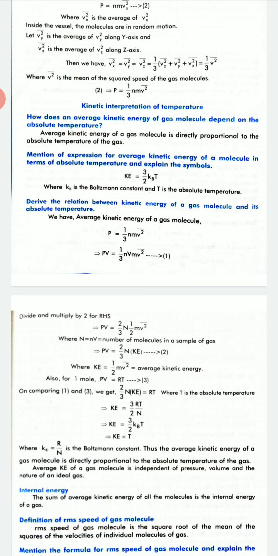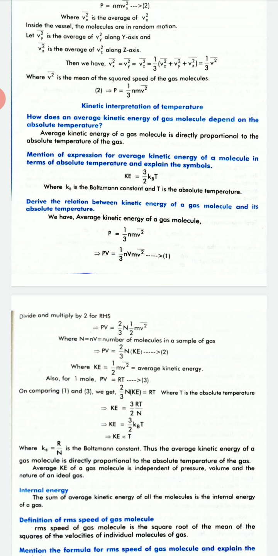We take the previous relation directly: P = 1/3 nm v² bar, where v² bar is the mean speed or velocity of the molecule.